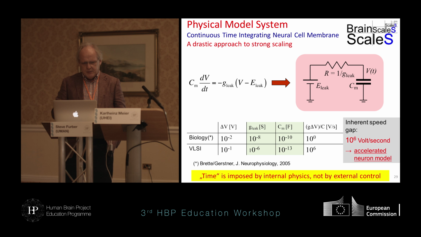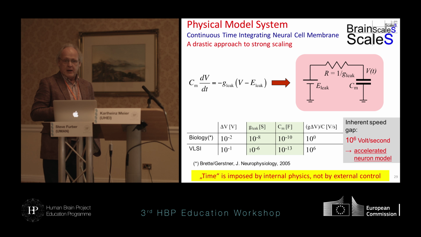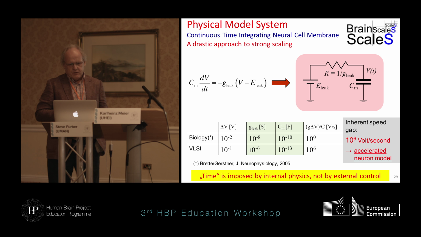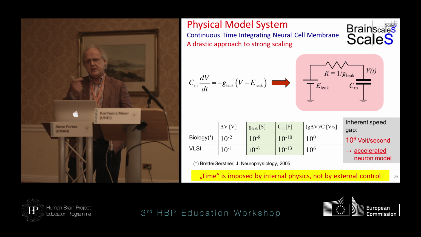If you look at the fundamental time constants at work in the electronics and compare them with biology, then you'll see why we end up going faster than real time. So this table along the bottom here: voltage changes. VLSI circuits tend to run in the order of, this says 100 millivolts. Biology is a tenth of that. Leakage currents, there's 2 orders of magnitude difference. Membrane capacitances in biology are quite high because of the way the lipid membranes are formed.